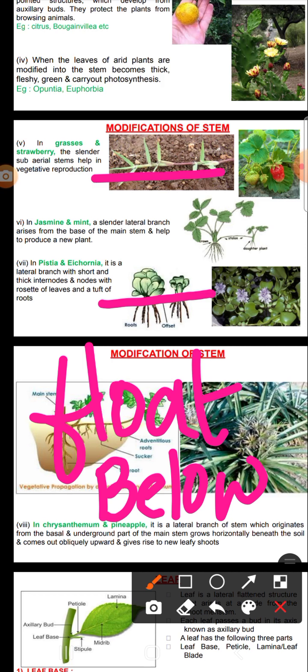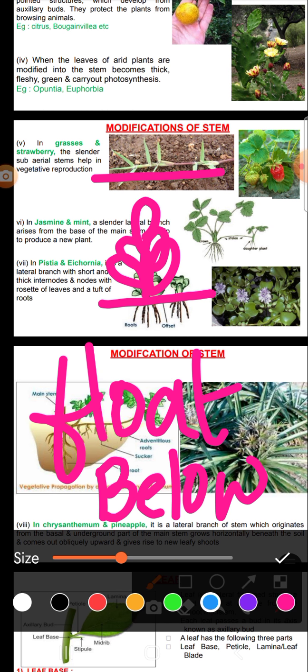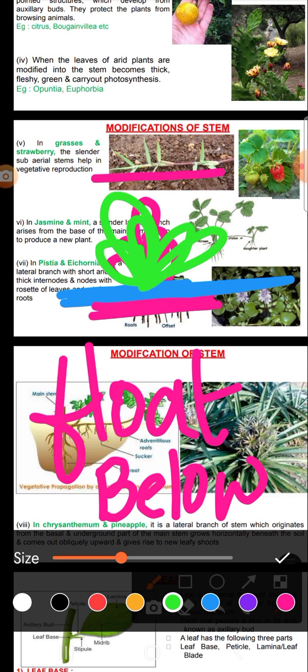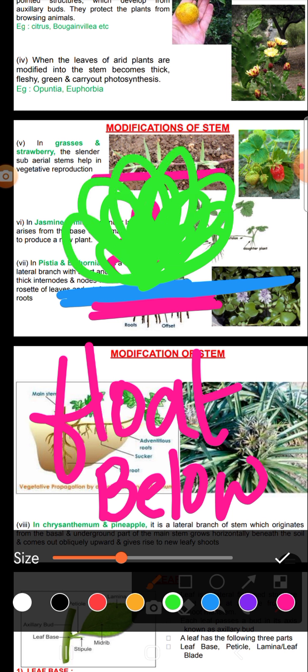We can't see the stem with our eyes. When you are watching it on the lake, we see only the arrangement of leaves like this. But the stem will be just below the surface of water, and on the surface we will see the leaves arranged in a cabbage-like structure in case of Pistia.